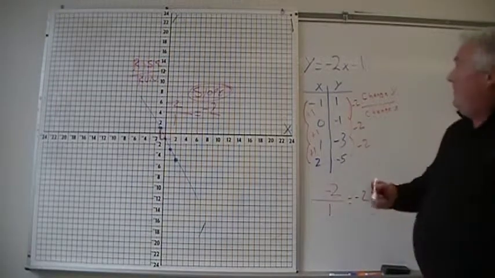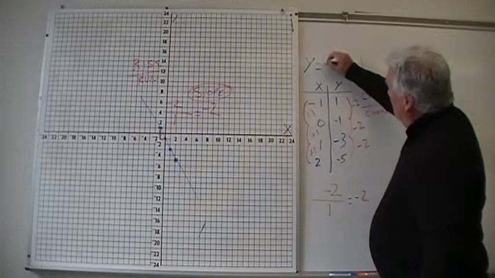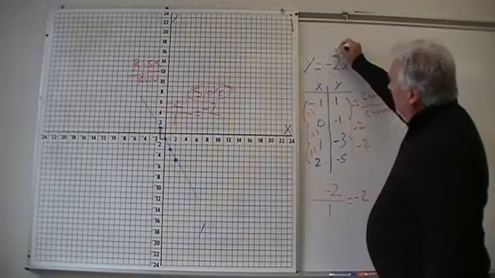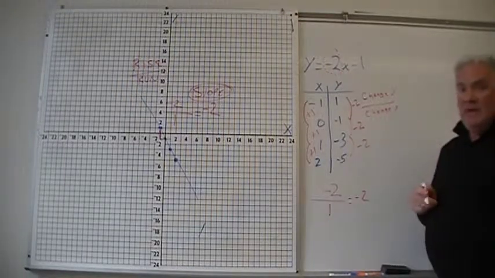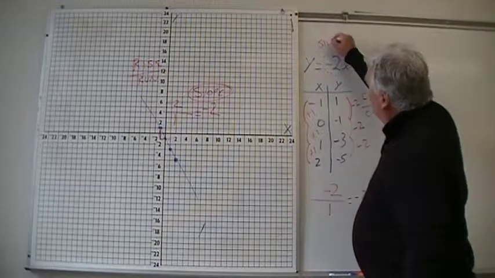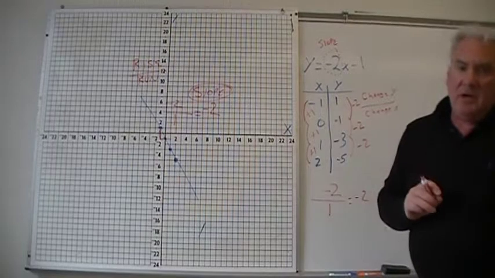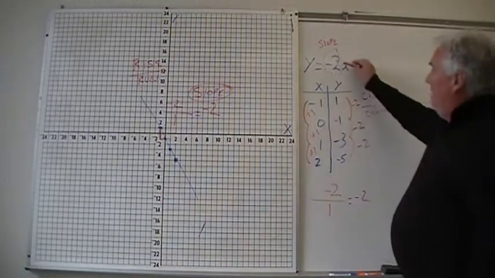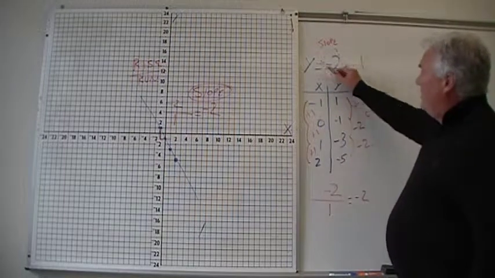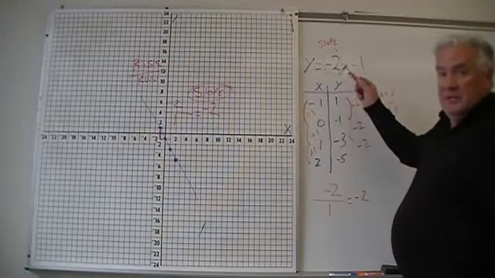Here's a third way, folks. The number that goes right before the x is the slope. That's going to be what gives you your constant rate of change. The number that's right before the x when the equation is in this form.